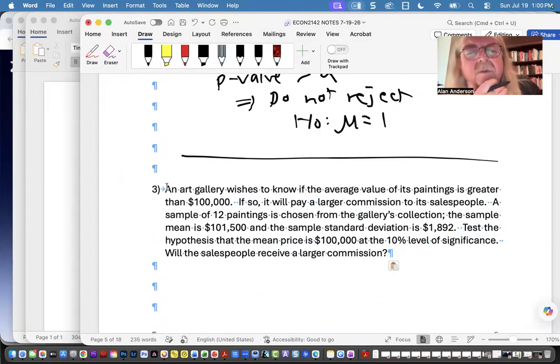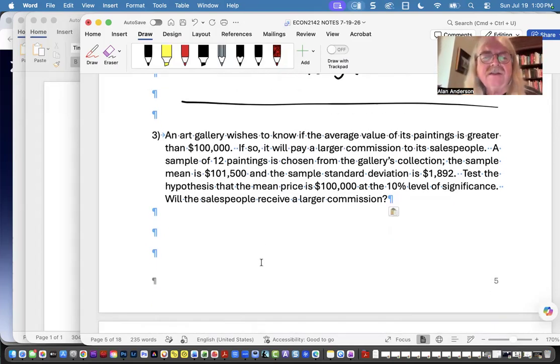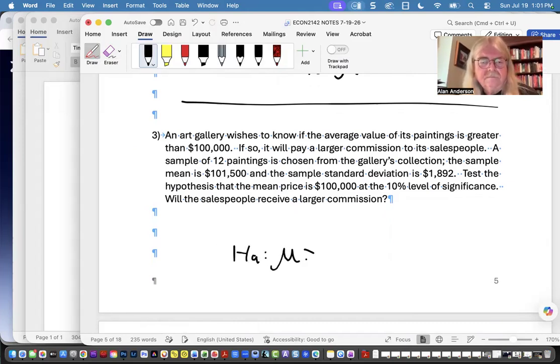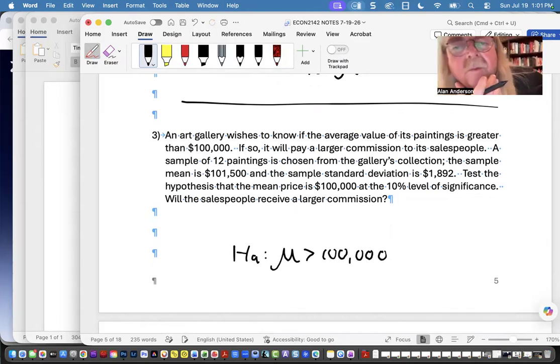So an art gallery wishes to know if the average value of its paintings is greater than $100,000. All right, so they're giving you a hint that this is a right-tailed test. Now, why is that?